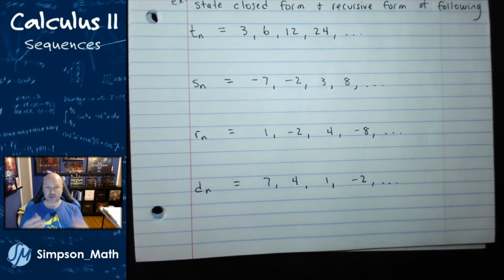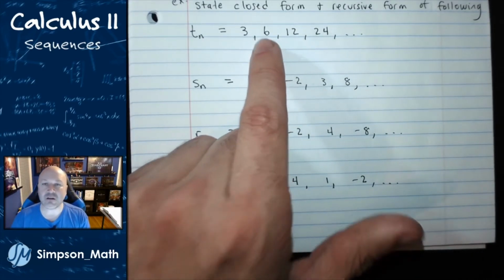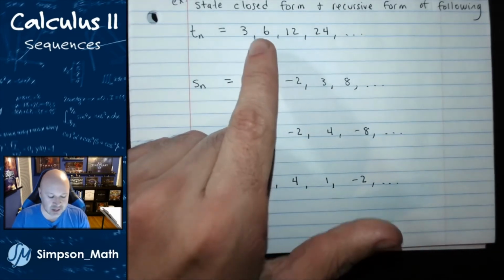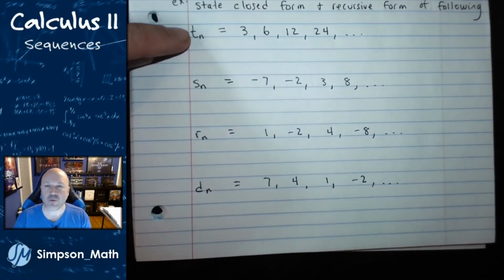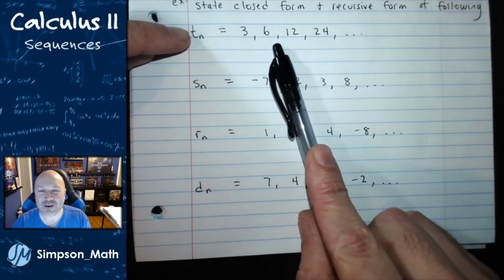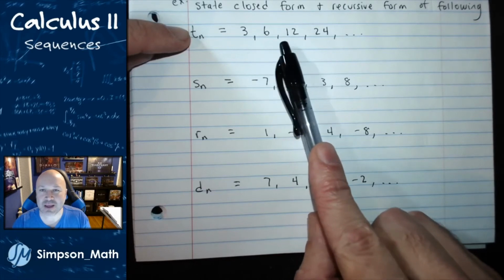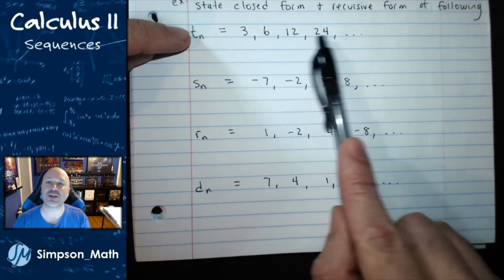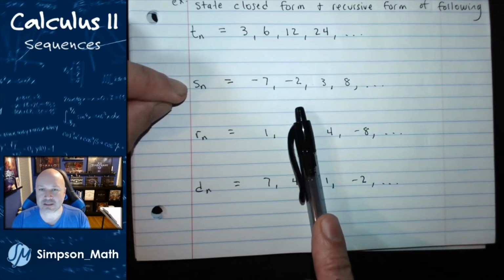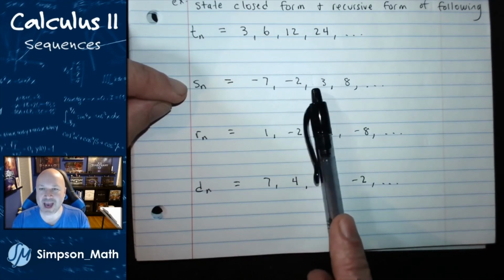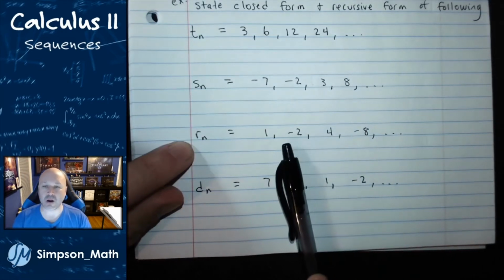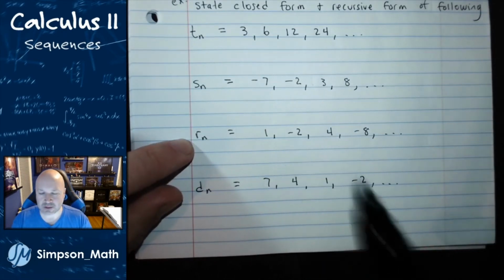Okay, these all look promising because I can kind of tell when it's arithmetic or geometric. In the sequence T, we're just, that's a lie. We are not adding 3. What we are doing is multiplying by 2. So that's a geometric sequence. S looks like we are adding 5 every time. So it's arithmetic. R. Oh my goodness.